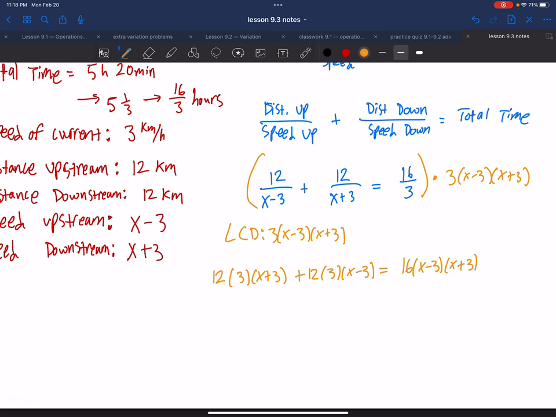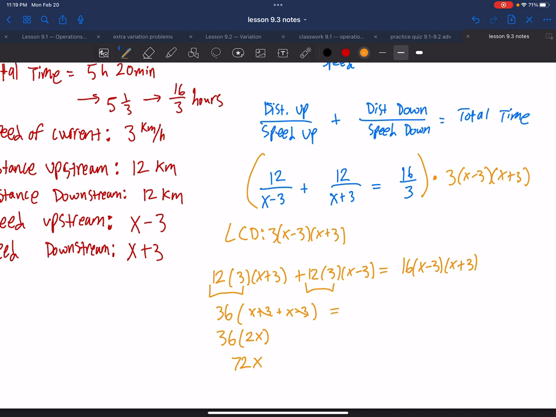I'm actually going to think creatively. 12 times 3 is a common factor. That's 36. I'm going to factor 36 out, and what's left inside is x plus 3 plus x minus 3, and those 3's cancel. So it's really 36 times 2x, which is 72x.